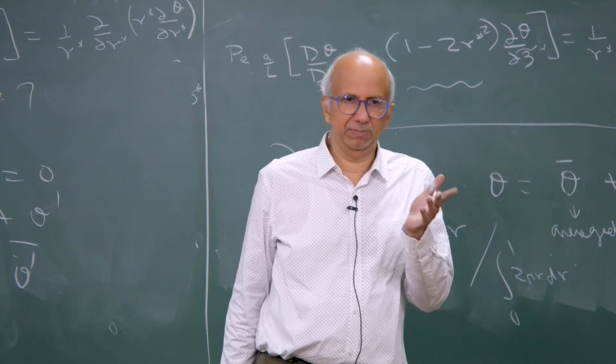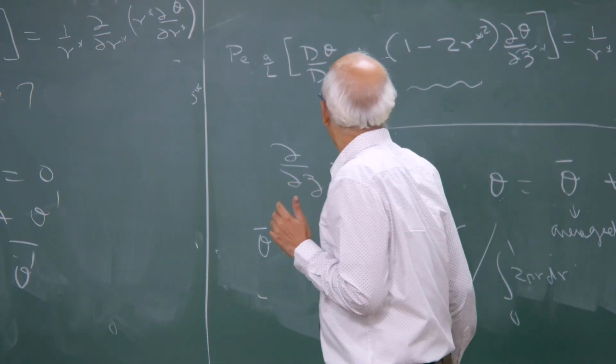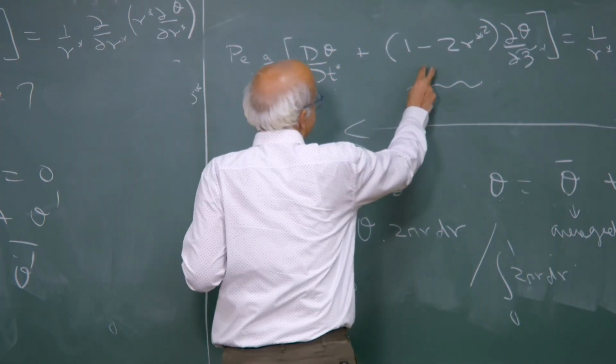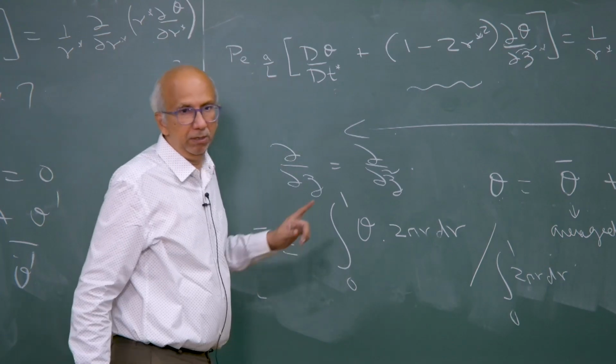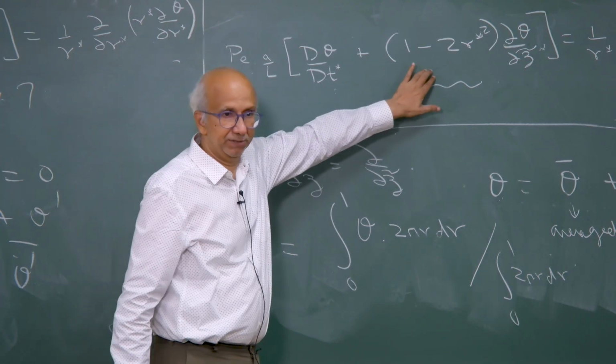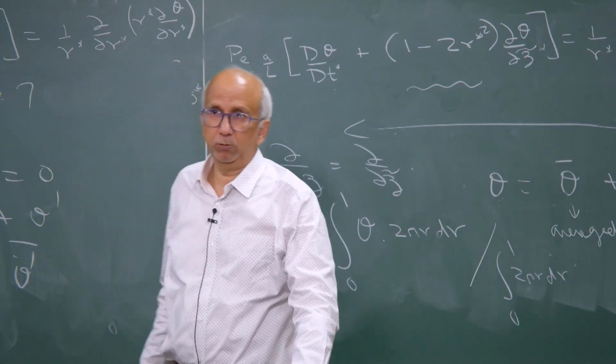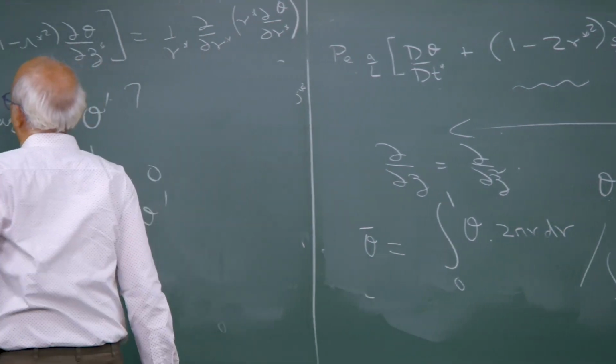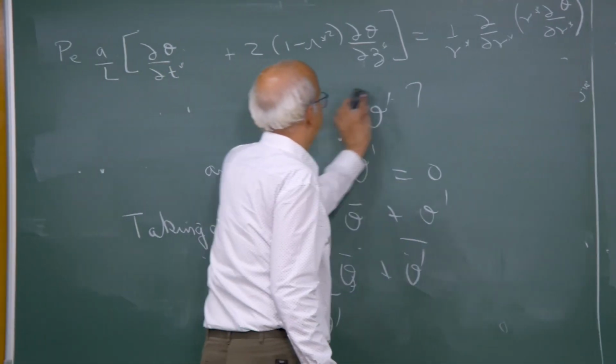So, the same thing for the velocity. This is the deviation from the average velocity u. So, this is u dash. Okay. So, let me do that and then we will stop.